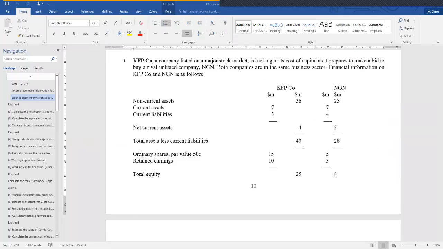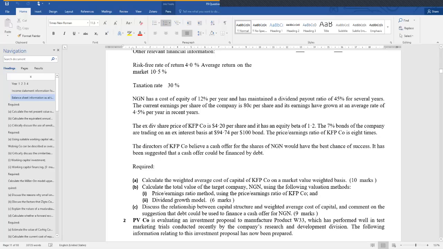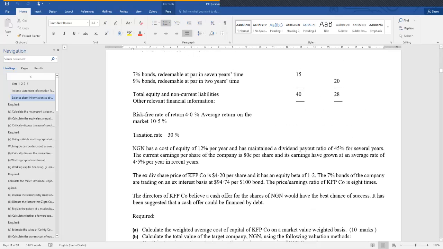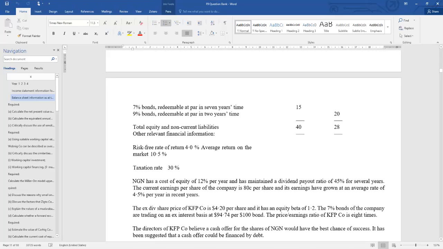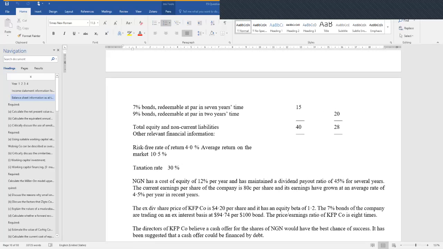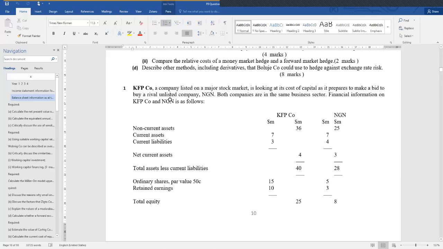Okay, let's attempt to do the question together. In part A, we are being asked to get the company cost of capital using the market weight basis. I was getting a screenshot of the question.